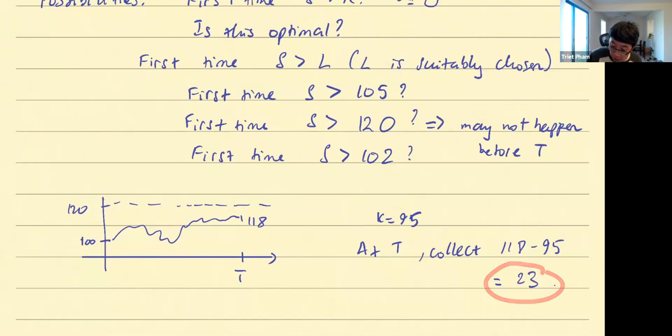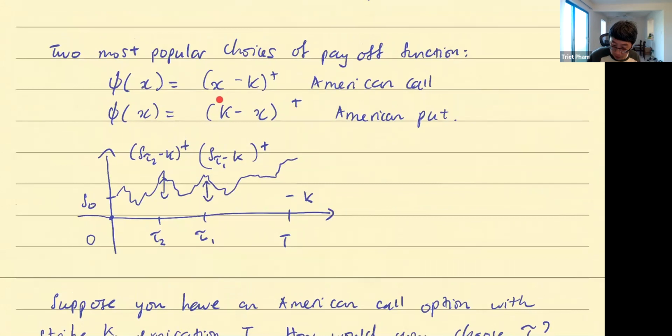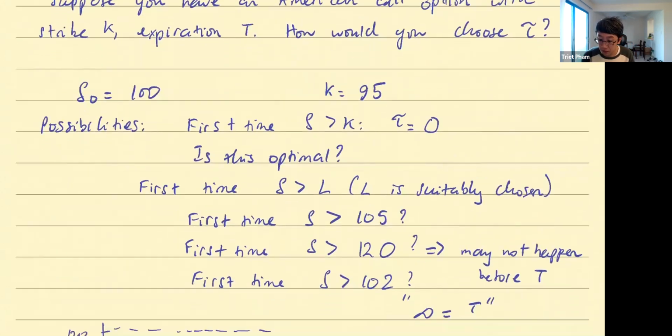So even if you set a very ambitious criterion that never happens, what all that means is that infinity means T, in this setup. As long as you have some kind of payoff, why not exercise? Does that make sense or no?